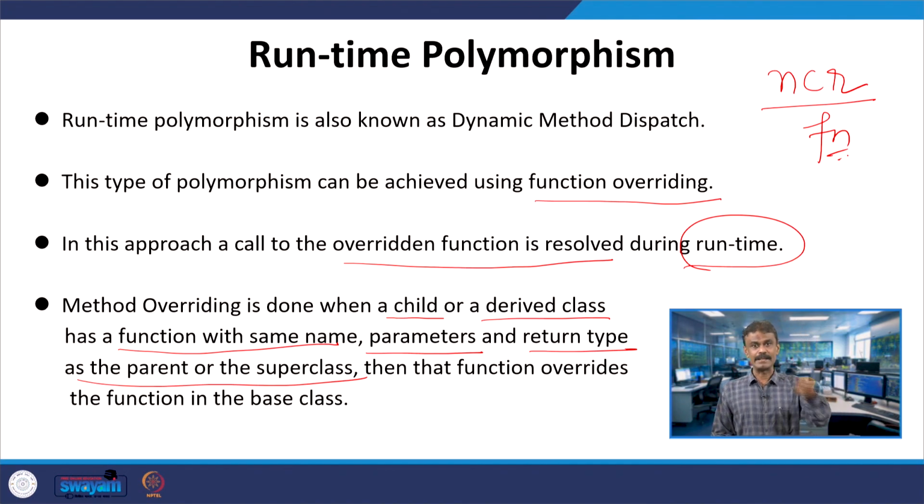But the number of arguments and the return type are all identical. Even if identical, this can be achieved. Which one is chosen is decided during runtime, therefore this is called runtime polymorphism.